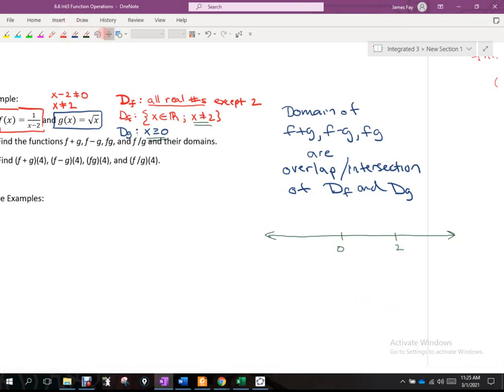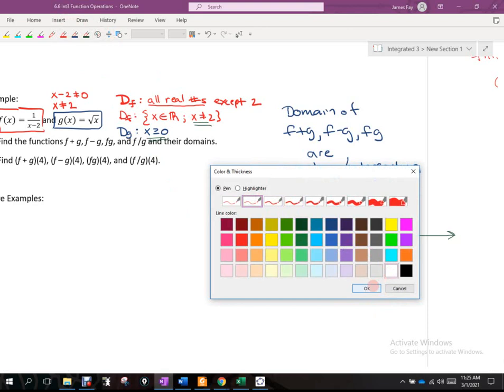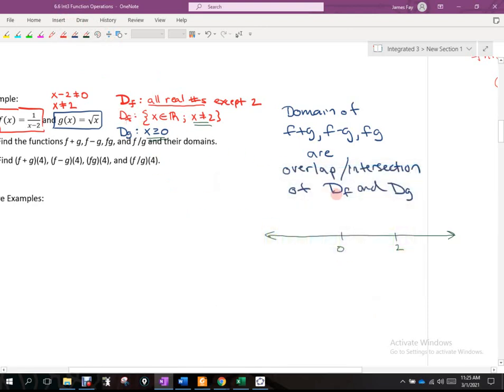If you remember back to early on when we were graphing solutions like this, if something was excluded, something was not allowed to be an answer, we put an open dot on it. So 2 cannot be an answer, cannot be an x value for this domain.